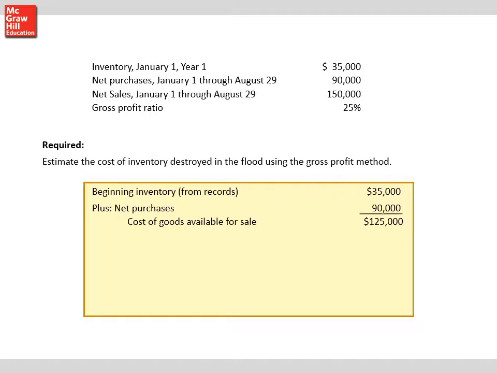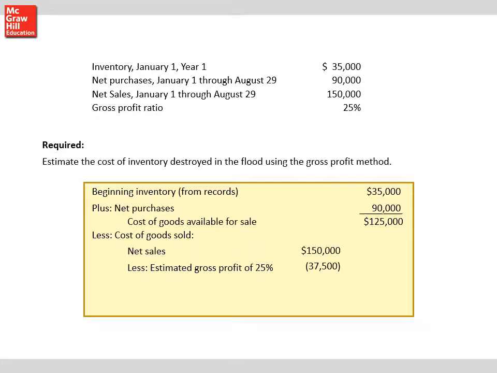The sales on those goods from the beginning of the year through August 29th are $150,000. The gross profit made on those sales is 25%, or $37,500.